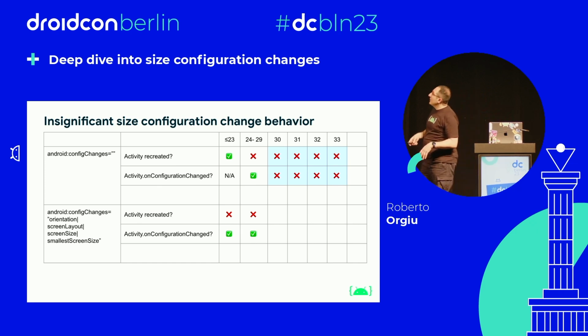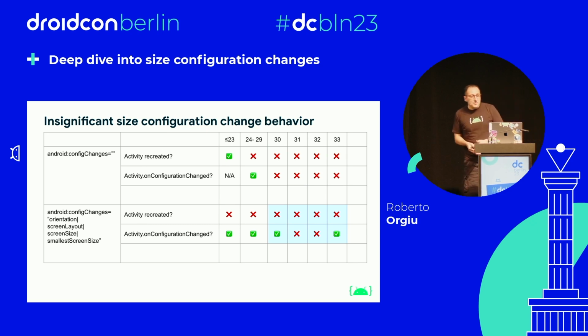So basically, if you are in the first scenario, where you don't declare any flag, that method won't be called. The activity is not being recreated, so you're not passing through onCreate, and onConfigurationChanged is not being called because we didn't specify how we want to opt out of activity recreation. So it's getting complicated.